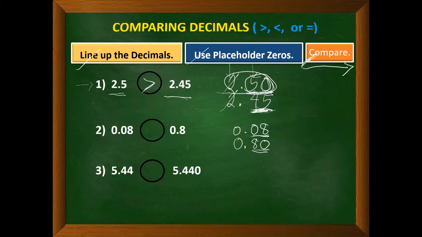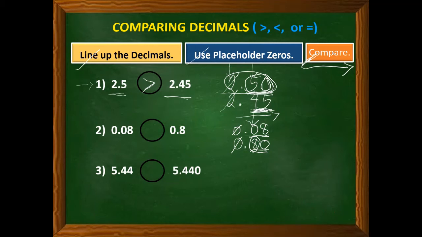Or we always have, again, as we said, we will compare from left to right. So since we have here 0 and 0, it's the same. Let's proceed to the tens place. Then let's compare 0 or 8. Which is higher? 8 is higher.